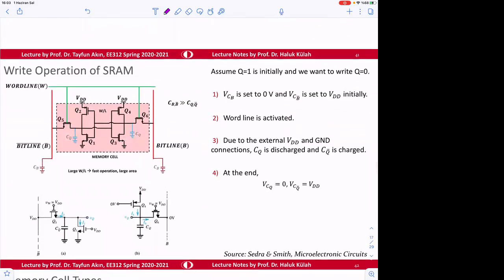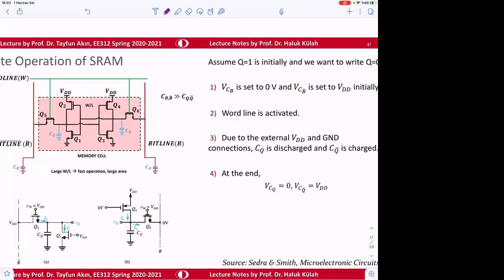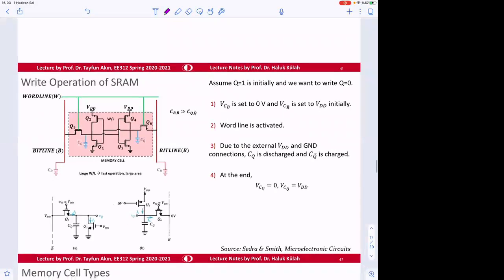So if you want to write new data inside, then this is in a sense straightforward. So this is connected and this one is connected here.